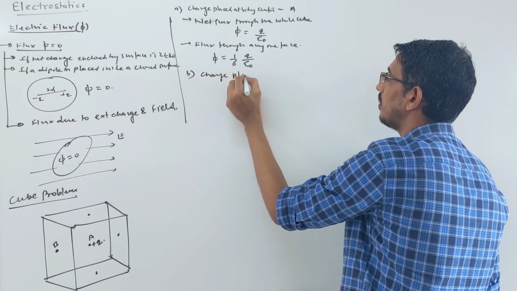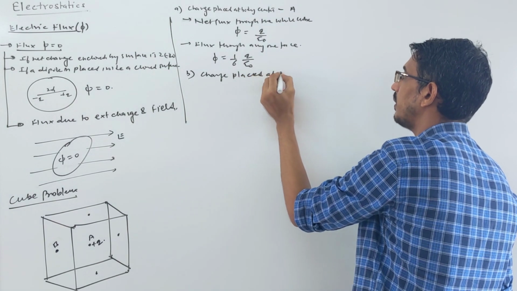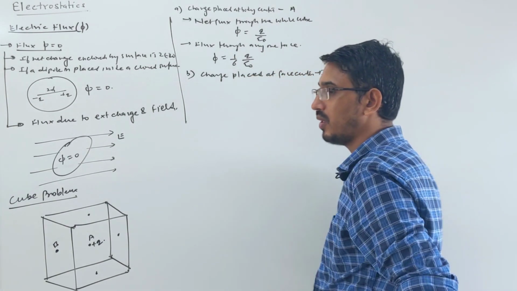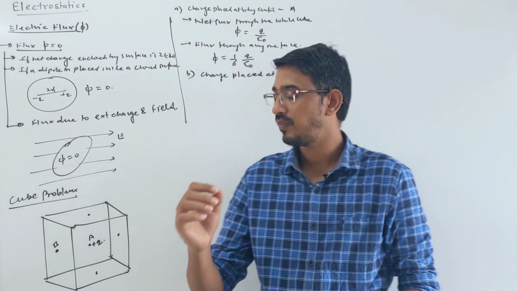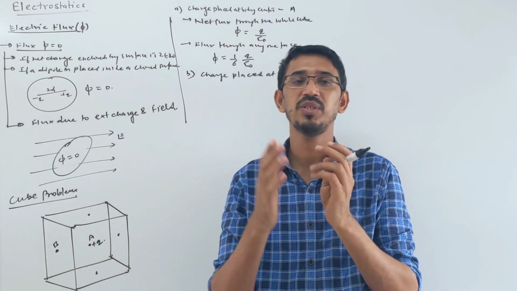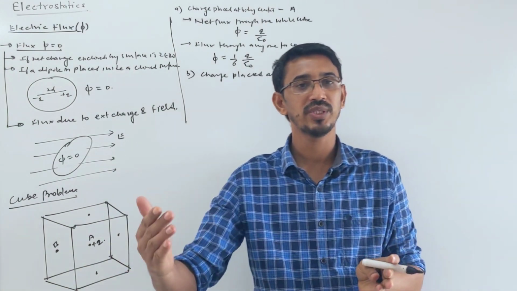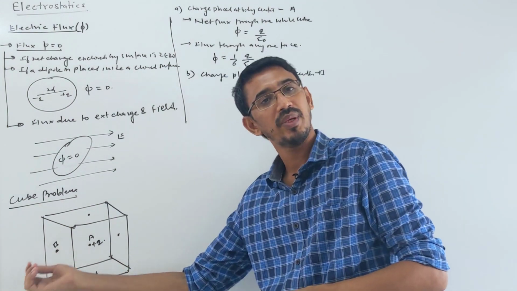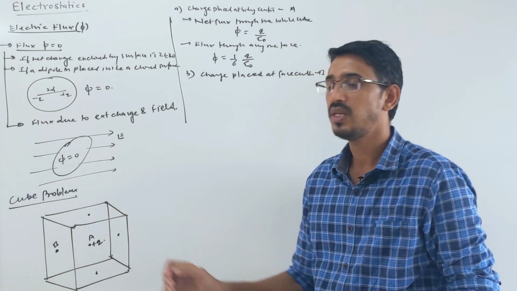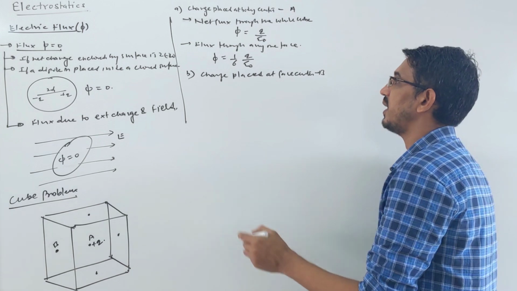Charge placed at the face center means location B. You already know in chemistry that when you put your atom or a charge at the face center, then how much will be inside and how much will be outside? So half of the charge will be inside, right? If you put it at a face center, how much charge is inside this cube? Half only, right?